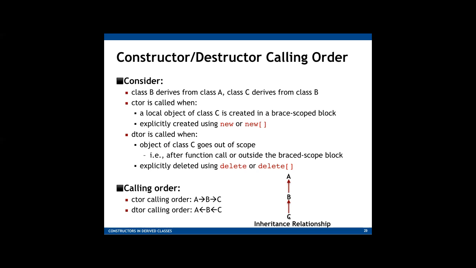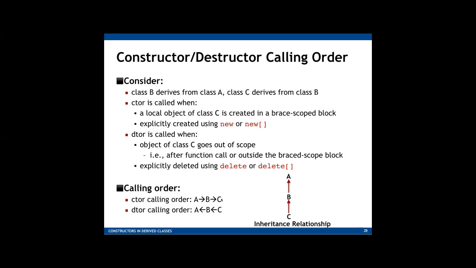So simply you can think that the base class constructor is invoked first, and then the constructor from the derived class is invoked. So the order of calling constructors in this inheritance relationship is A first, B next, and C the last one.